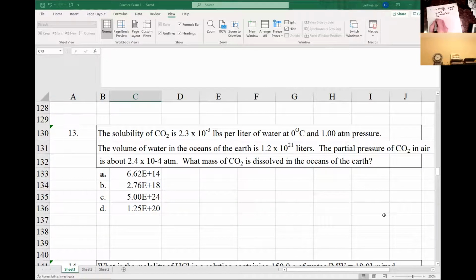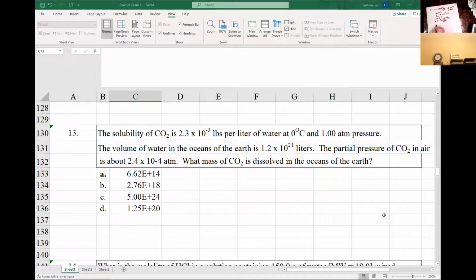So the solubility by Henry's law is some constant times the pressure. So I can get the solubility this way. The constant is going to be the same. It's going to be equal to solubility, 2.3 times 10 negative 3 pounds per liter, divided by the pressure, 1 atmosphere.